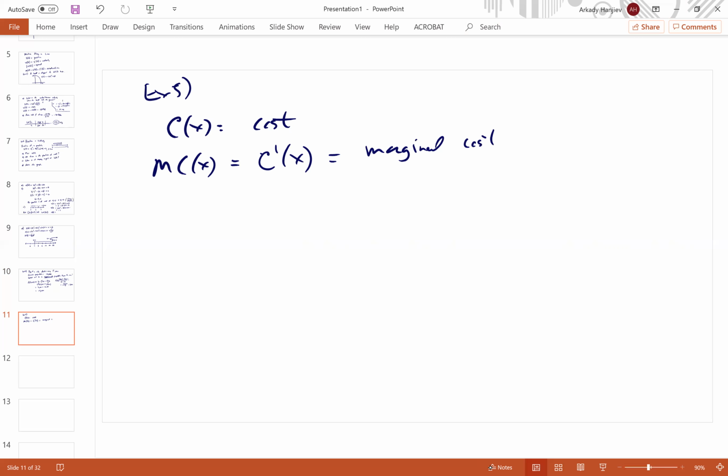In fact, even if we get through all the equations here, I think it will set you guys up for the homework. So there's marginal cost, MC, or just the derivative of C. And then same thing happens over here. So you have R of X is revenue. And then in business we have MR of X, which is the derivative of R of X.